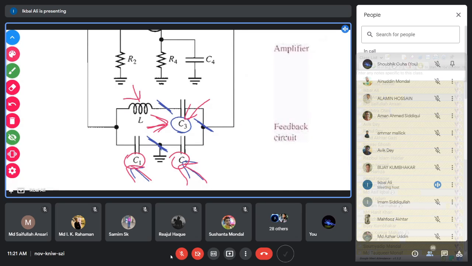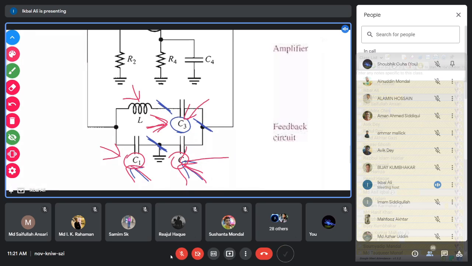Now you have to somehow eliminate C1 and C2 from the frequency expression, because these two capacitors will definitely be affected by the junction capacitance. You have to make an arrangement such that C1 and C2 do not come into the frequency expression.